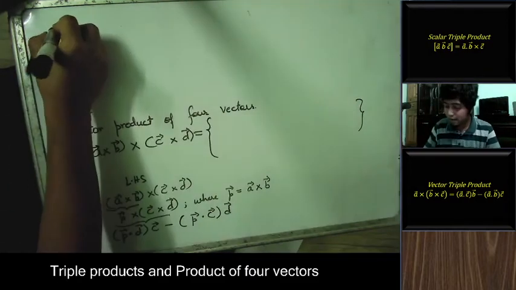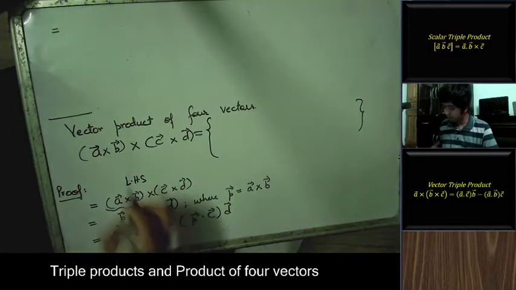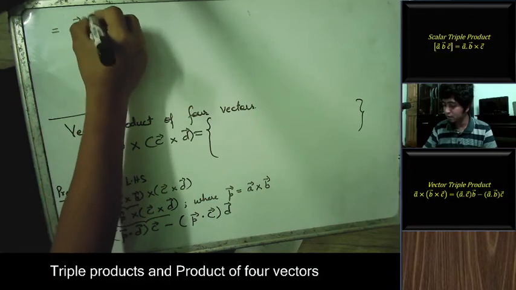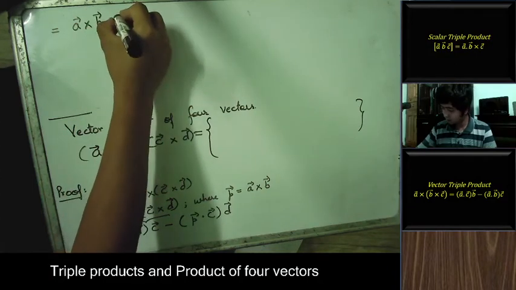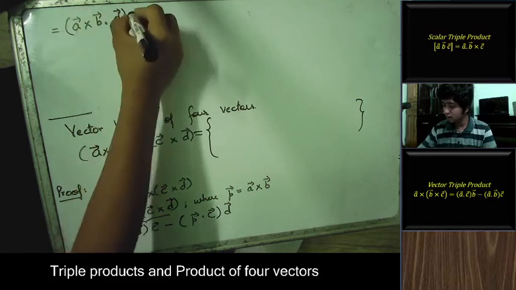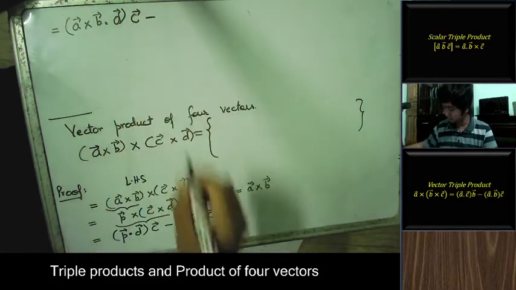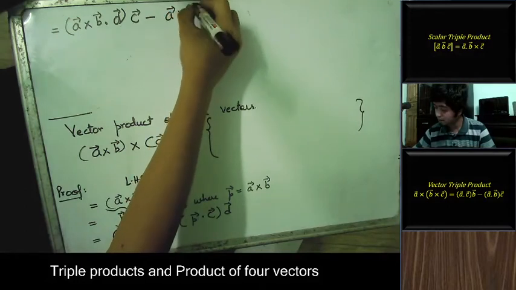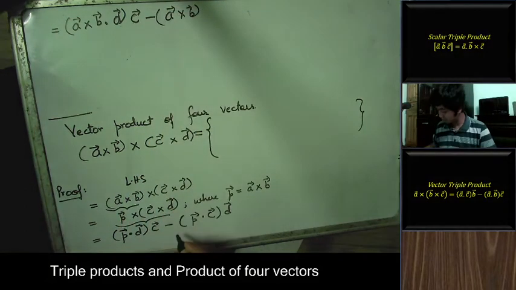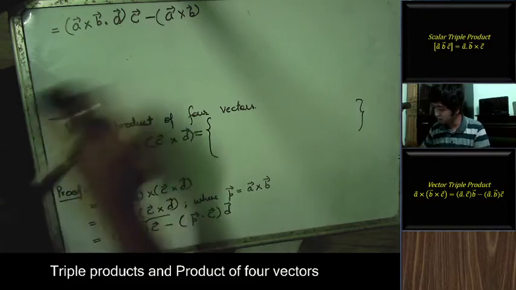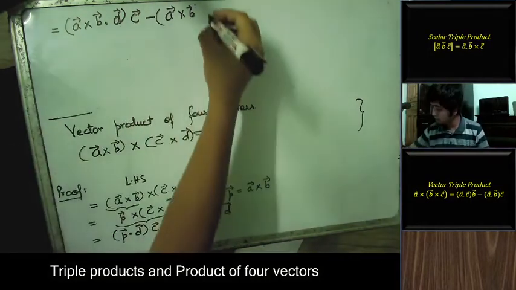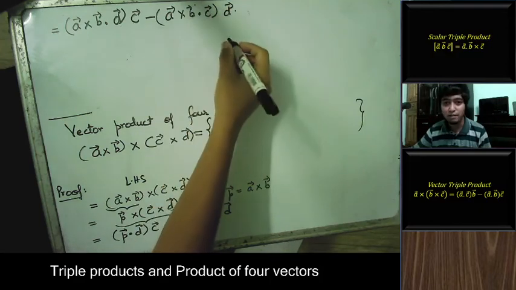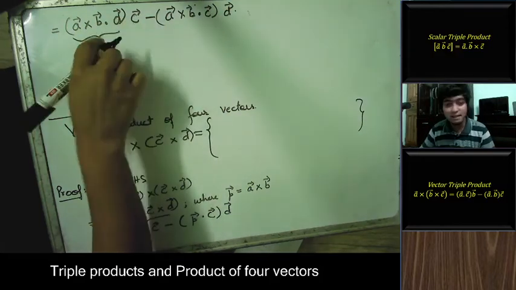So we can write it down as P, now replace it by A cross B dot D C minus A cross B dot C D. So this is what we will be having, and if you notice the thing that is inside the bracket, it is actually a scalar triple product.